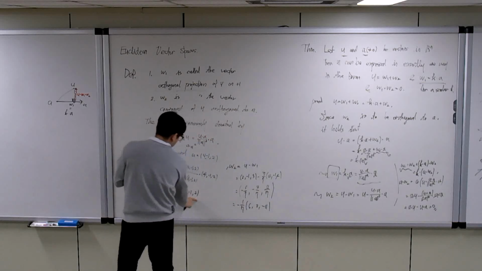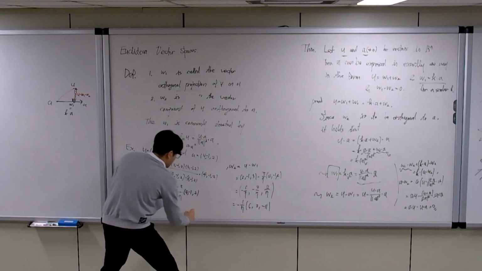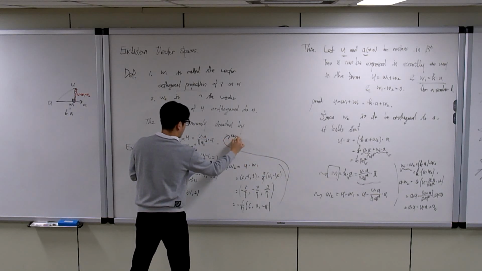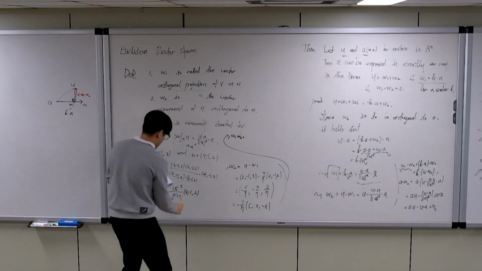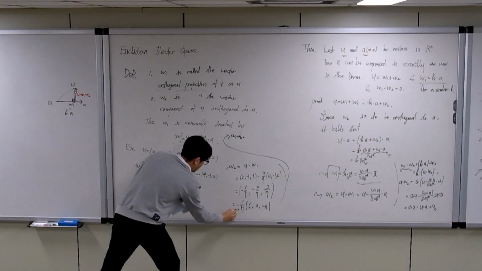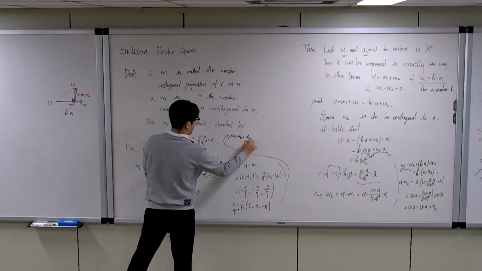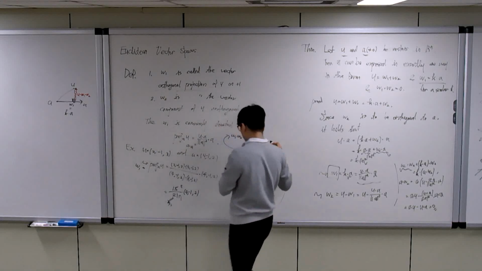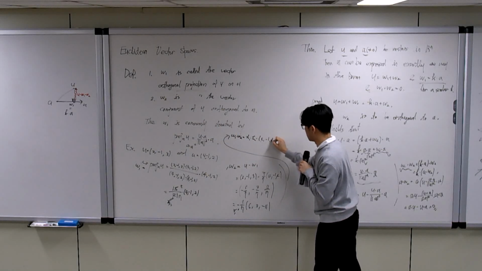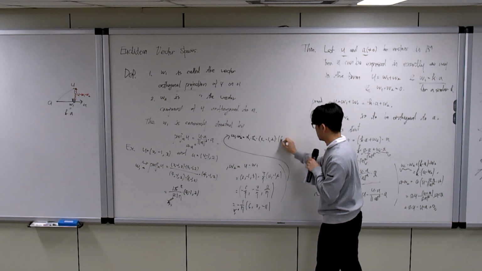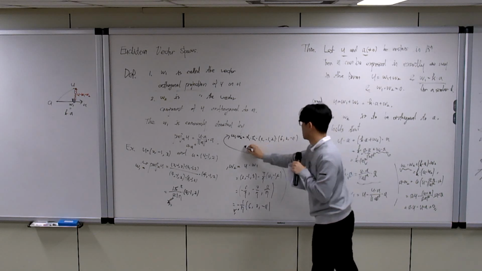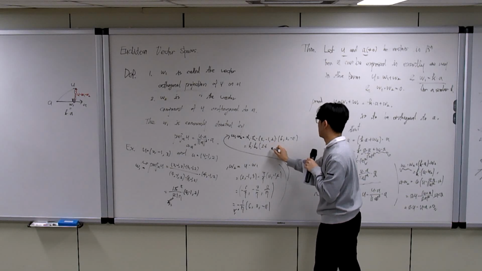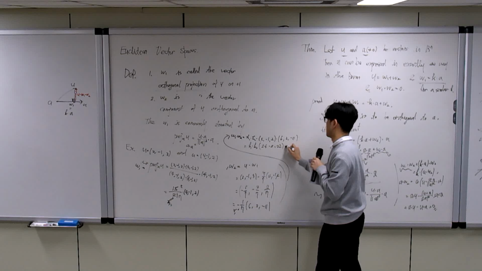I will calculate in vector form. w1 dot w2 is, I will write it as k1, k2, with scalar k1, then (4, -1, 2) dotted with (-6, -2, 11), so the product is k1 times (-24 plus 2 plus 22), so it will be 0.